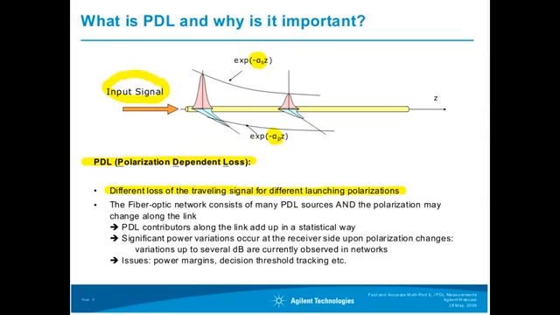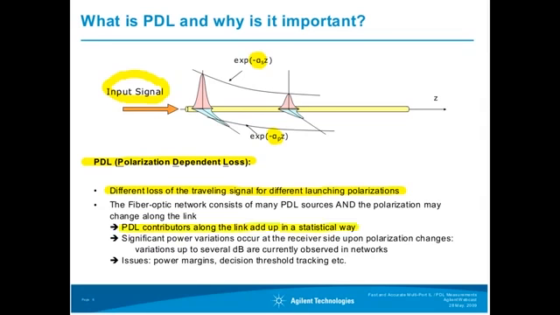So networks, as we discussed before, consist these days of many fibers, many components, and with photonic switching and so on, these are combined. And so you have many sources of PDL combined along a fiber optic link. If the polarization changes along the link, in between these PDL sources, then these PDL contributors add up in a statistical way.